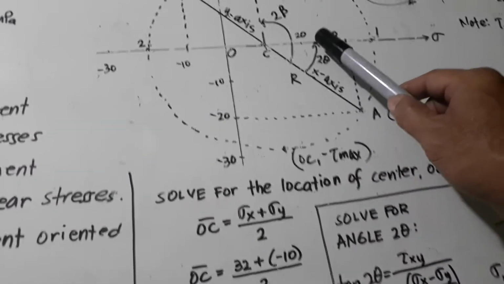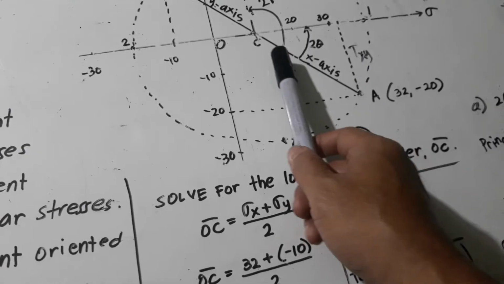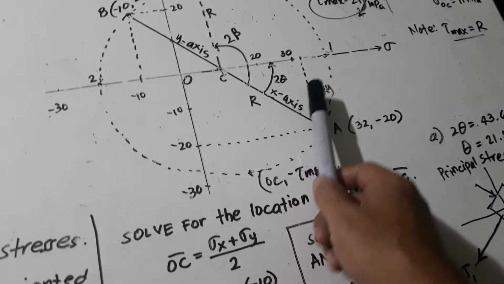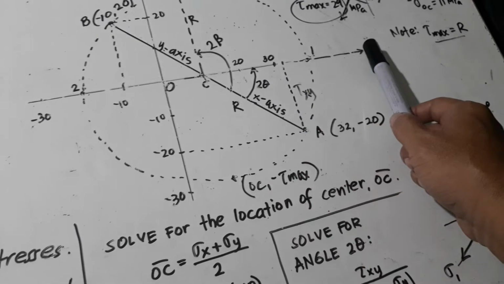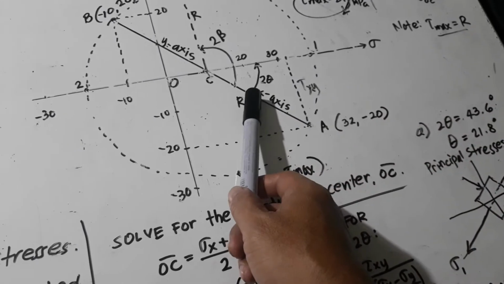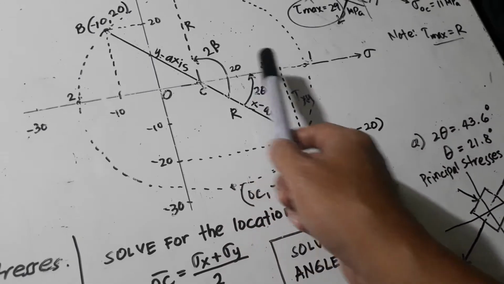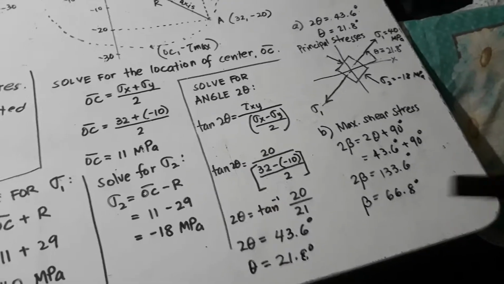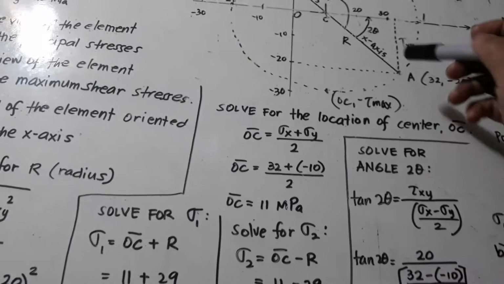We also need to compute this angle from the x-axis. To arrive at this sigma axis, we need to rotate by a certain angle. We can use tangent here.